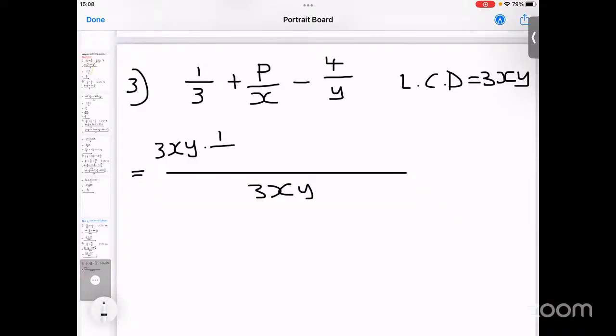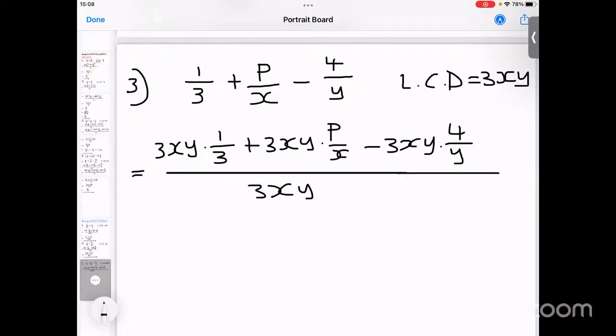So that means it will multiply that 1 over 3. Then you plus it with that same 3xy, it will multiply that p over x. Then you minus that by, again, that same 3xy, it will multiply that 4 over y. So that should be your first step, the honorable member.